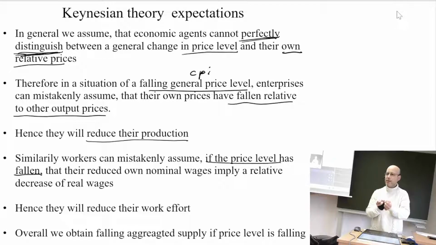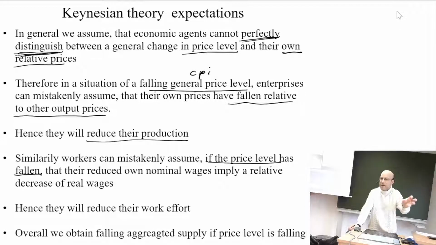But what counts is how much goods I can buy for this 900. And if prices have fallen 1-to-1, like my own wages, then nothing should have changed in my consumption behavior. But if I misspecify this, that I do not realize, okay, overall prices have fallen, my wages have fallen, and I can buy still the same amount. I see only not 1,000, but only 900 euros per month. What will I do? I will reduce my labor input.